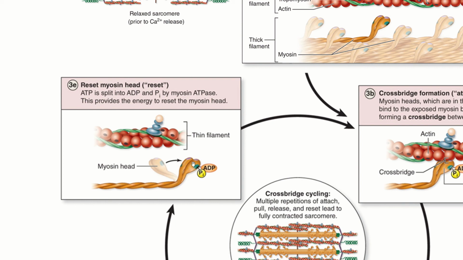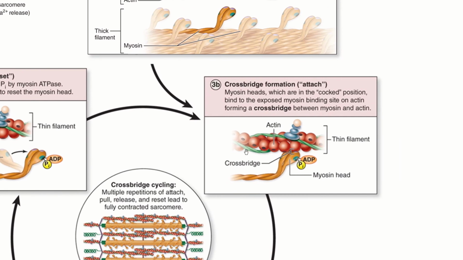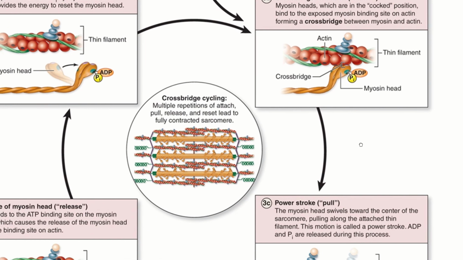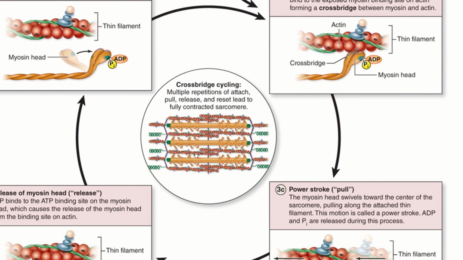It is now cocked in the ready position again and can form a new cross bridge with another area of the actin so that it can continue to slide that actin towards the center of the sarcomere. So eventually the actin myofilaments will fill in the potential space of the M line. The Z discs are now closer together. Recall, the Z discs make the border of the sarcomere.